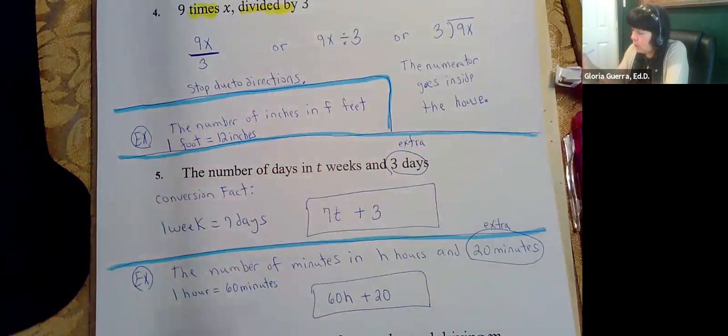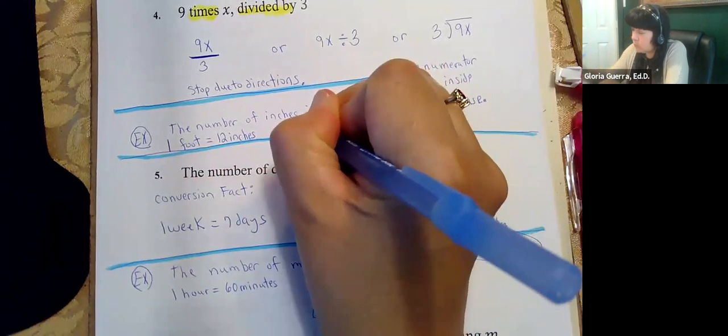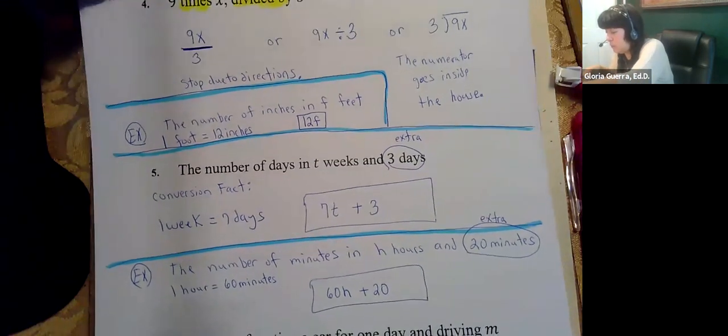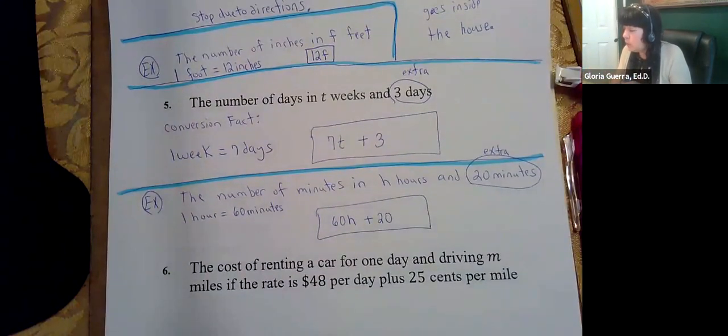So to interpret that, you would just say 12F, 12 times F. That way, if they tell you we have 5 feet, I'm 5 feet tall, well, how many inches is that? 12 times 5 is 60 inches tall. So 12F.